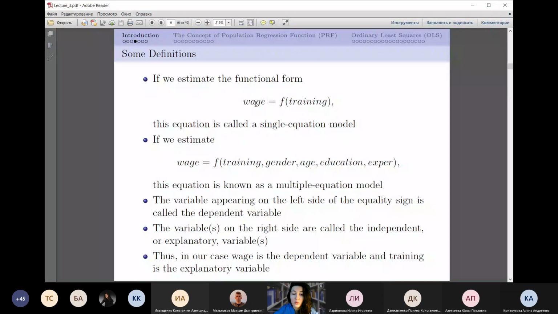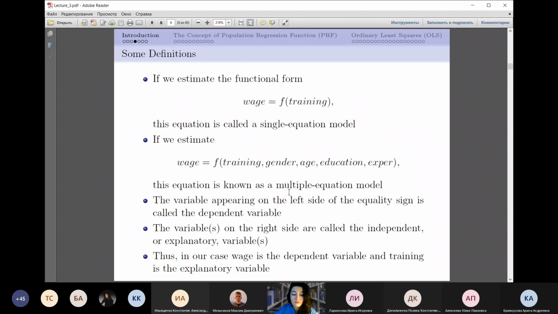And this equation is called a single equation model. We will talk today about this example, I mean, when we have only two factors, the simple regression model. And of course, we also said that we have some other factors that can affect our dependent variable. And in this case, we will talk about the multiple equation model.